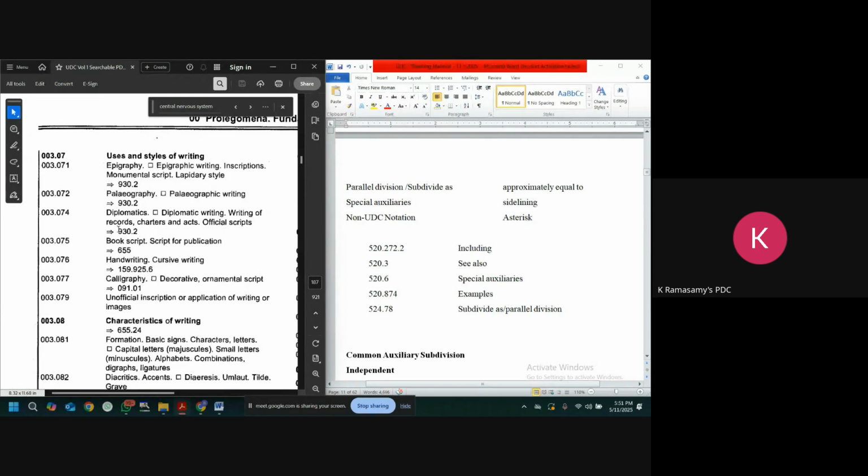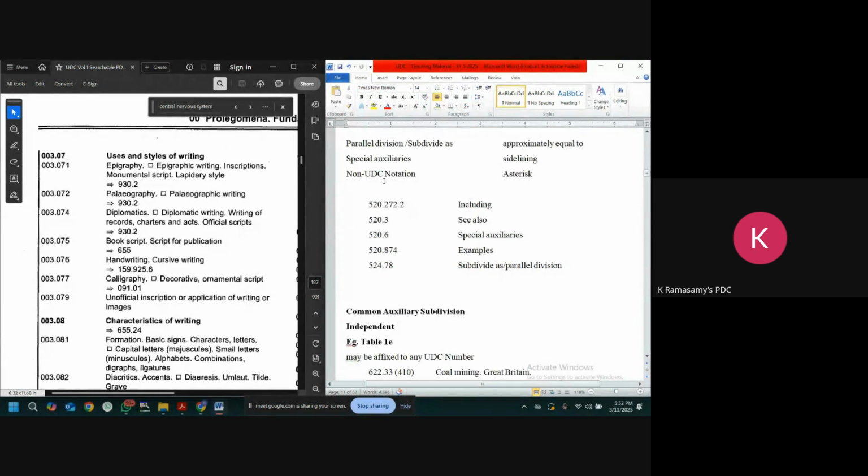No, no. This vertical line given here is called sidelining. Sidelining is used for special auxiliaries. So all the special auxiliaries, almost everywhere, are mentioned with this particular sign called sidelining. Sidelining is the symbol that this is a special auxiliary. Okay, fine.